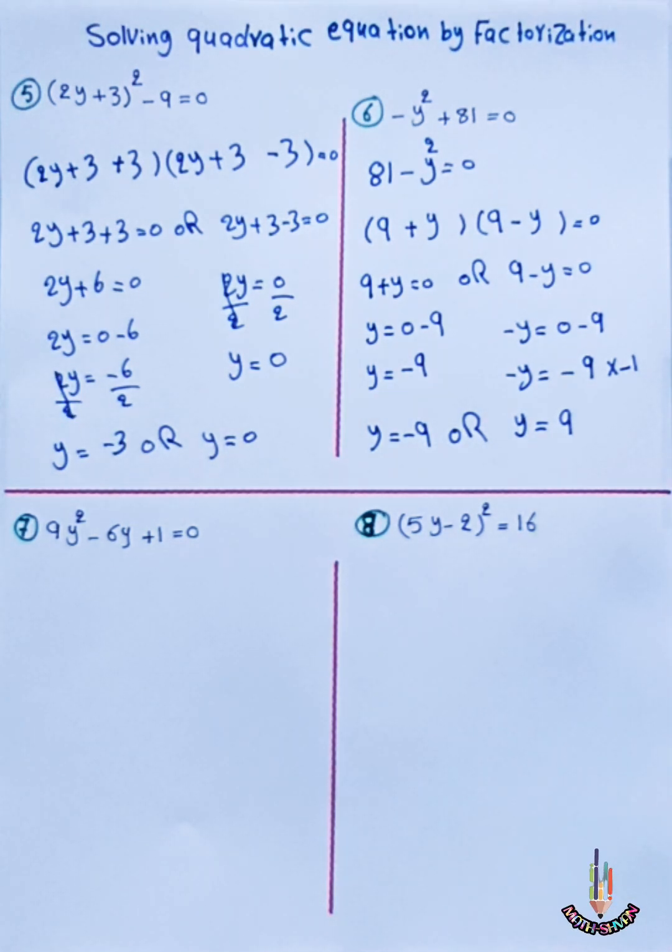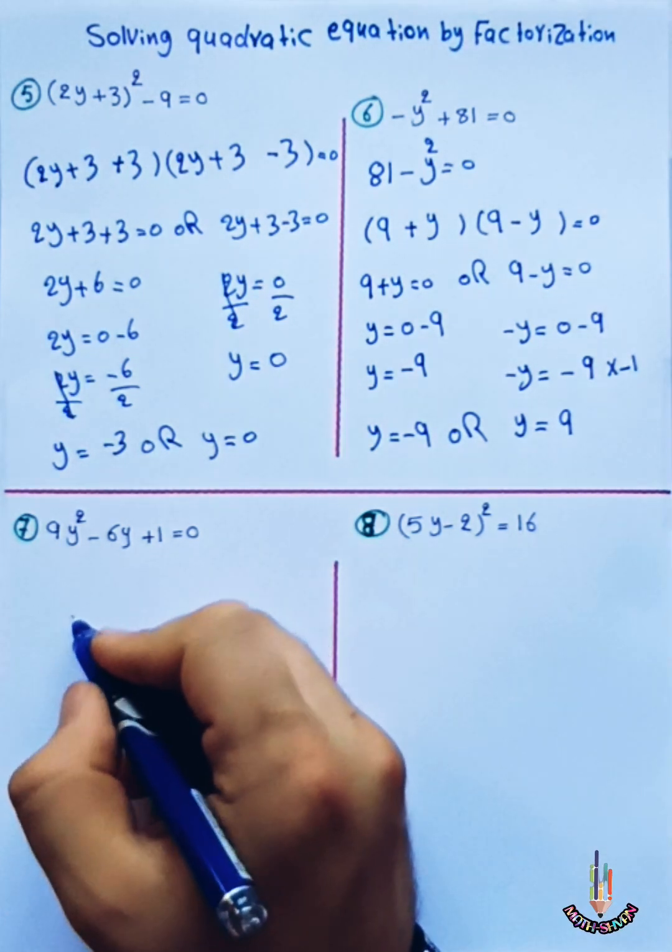Example number 7, we have 9y squared minus 6y plus 1 equal to 0. This is the perfect square, so we can use the rule for perfect square.